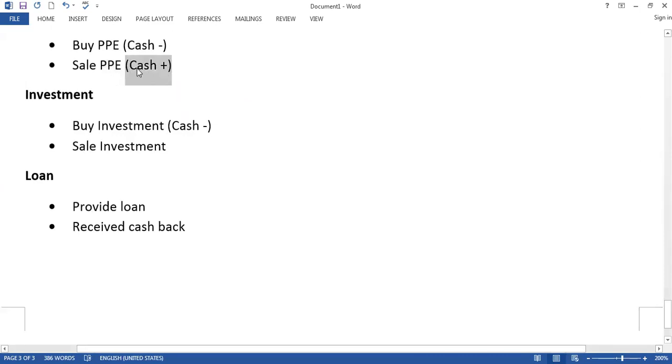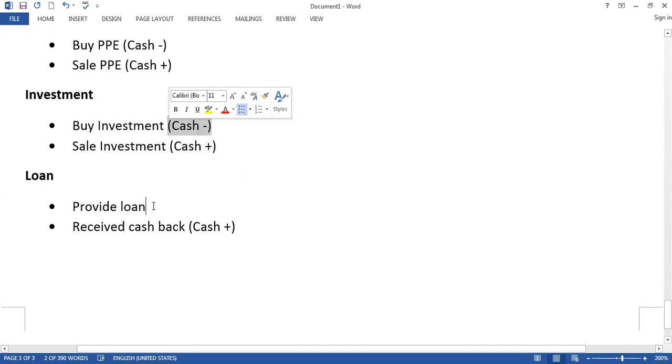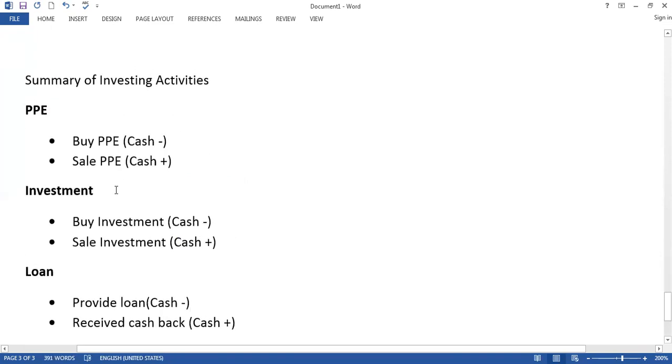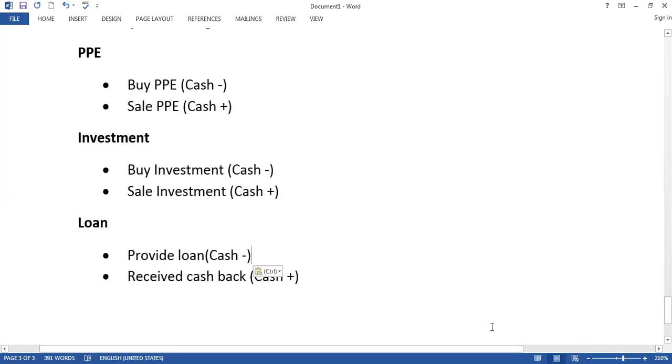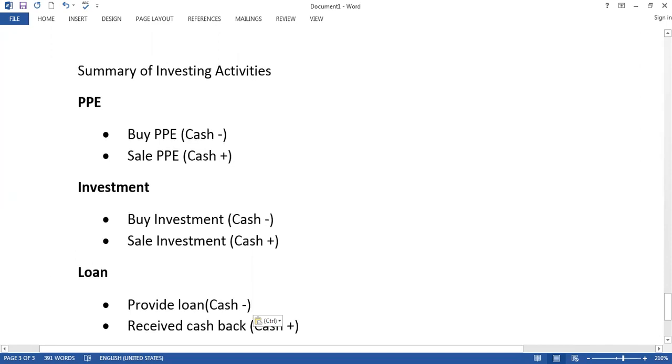So you have to know what are the difference between all the activities. So this is the summary of investing activities.